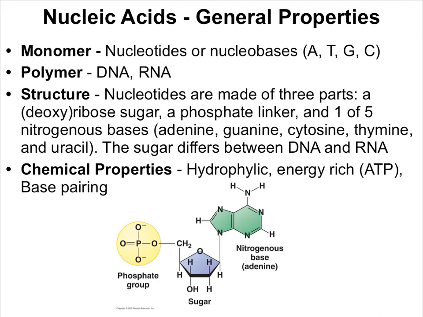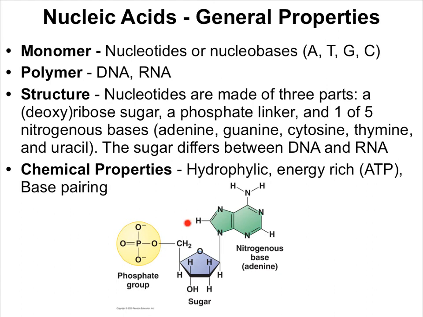They all have a phosphate, which is a charged phosphorus and oxygen containing group. They all have a sugar, a 5-carbon sugar that is either ribose or deoxyribose.